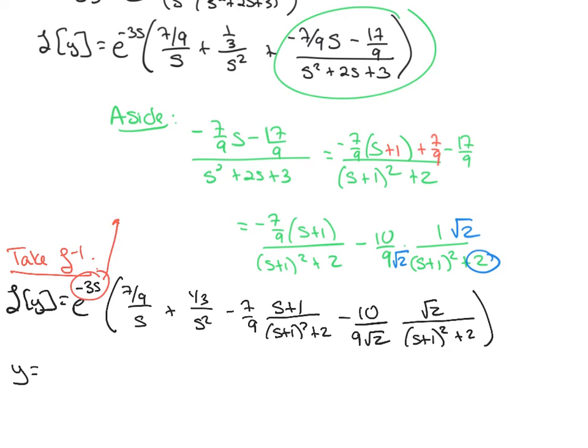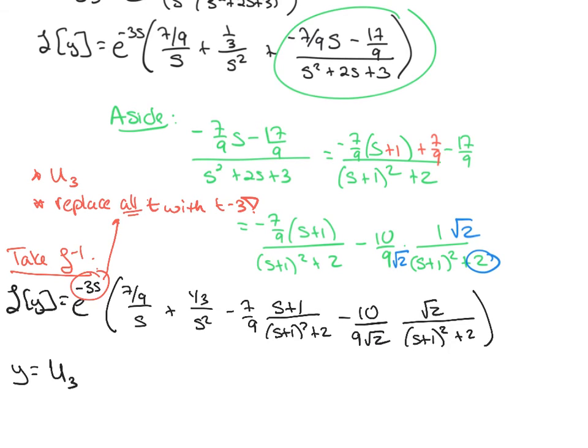You're going to put in a unit step function at 3, and you're going to replace all t's with t minus 3. So e to the negative 3s means you do two things. You put in the unit step function at 3, and you replace all of your t's with t minus 3.